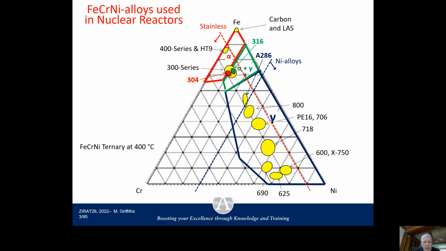If it's greater than 30%, or actually it depends on who you talk to, somewhere between 28 and 30% nickel, then it's classed as a nickel alloy. A286, which is less than 30%, is classed then as a steel, even though it has many of the properties that nickel alloys have, in particular the precipitation hardening.